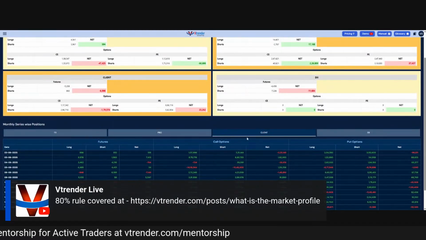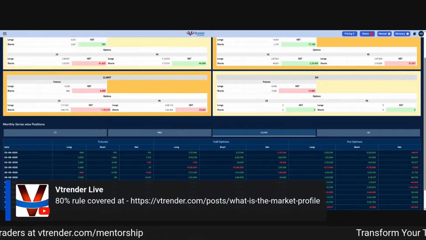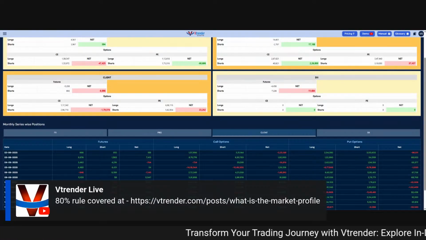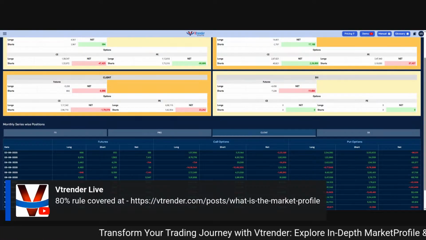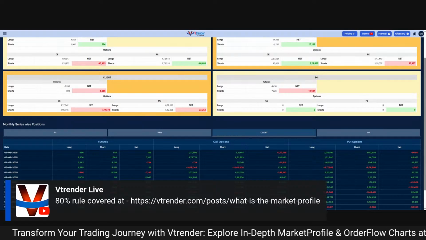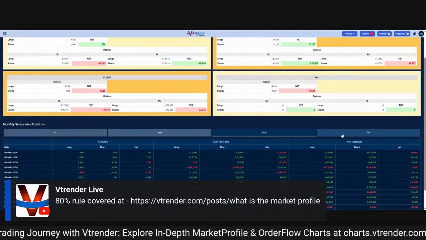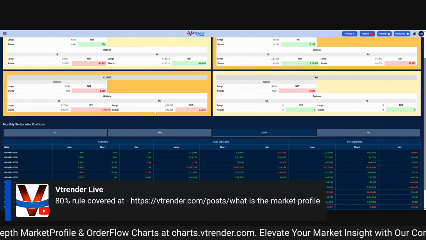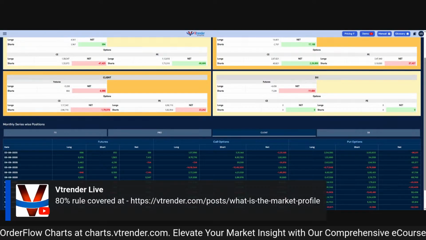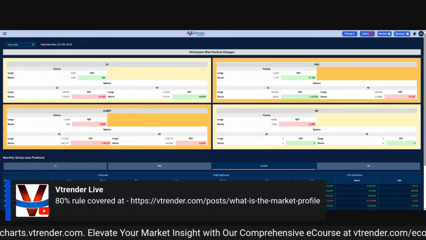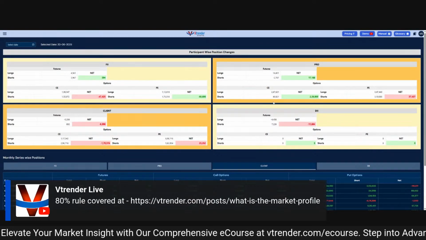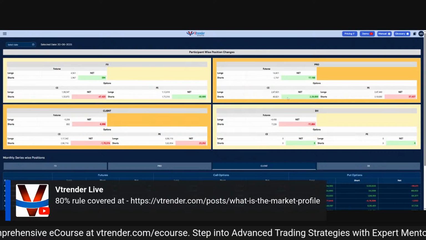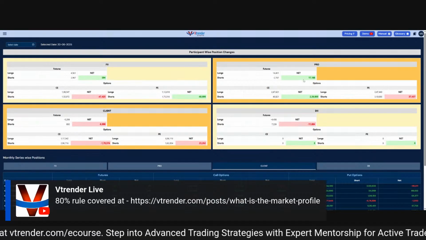As I mentioned, pros and clients are the major players in derivatives, and they are the ones who will keep changing positions in a big manner. So that is where your focus should be. FIs and DIs would just be doing it on a smaller basis. For example, we had a trend day up on Friday. So we would want the participant-wise open interest positions to also tell us that the pros are holding longs, and you can see that was the case.